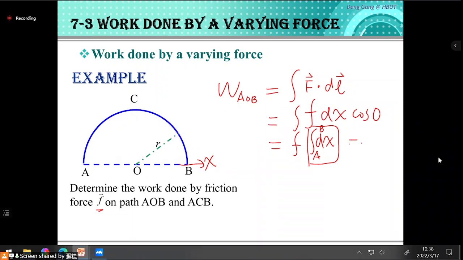So that's 2rF. So that's AOB. But if we calculate the work along ACB, that could be different.